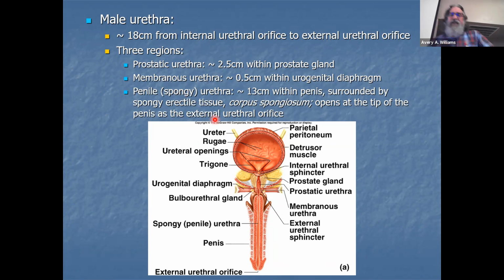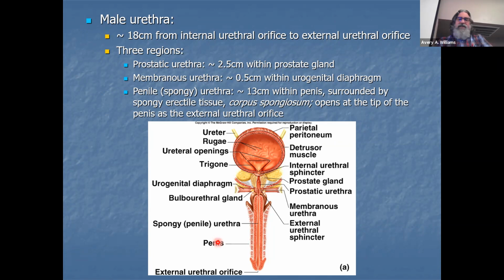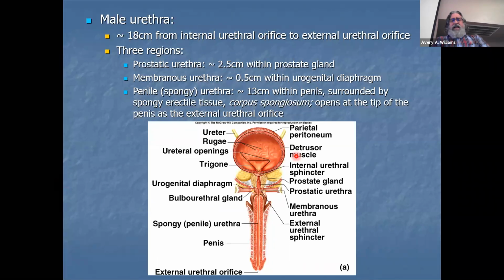Well, when we study the structure of the penis, when we do the reproductive system, this tissue that surrounds it is called the corpus spongiosum, which means the spongy body. So spongy urethra, penile urethra, same thing. Females don't have anything like that. Here it's about 13 or so centimeters long. Within the penis, surrounded by the spongy erectile tissue, the corpus spongiosum, it opens at the tip of the penis as the external urethral orifice. Ta-da, right there.